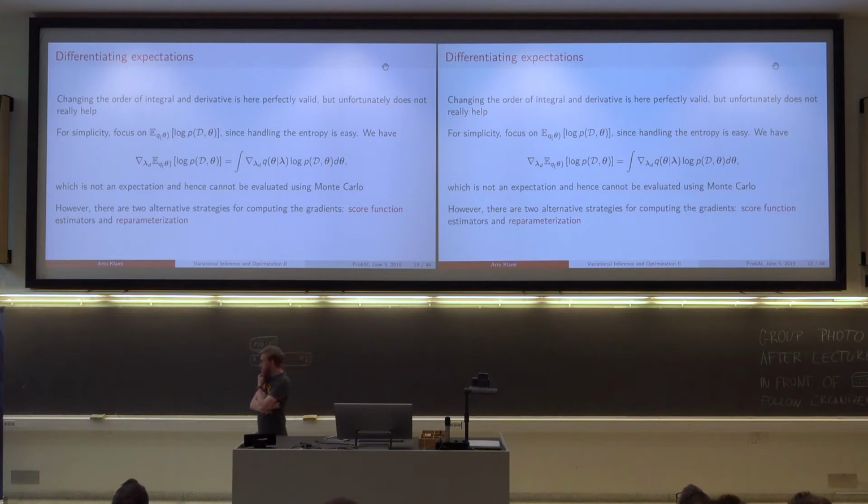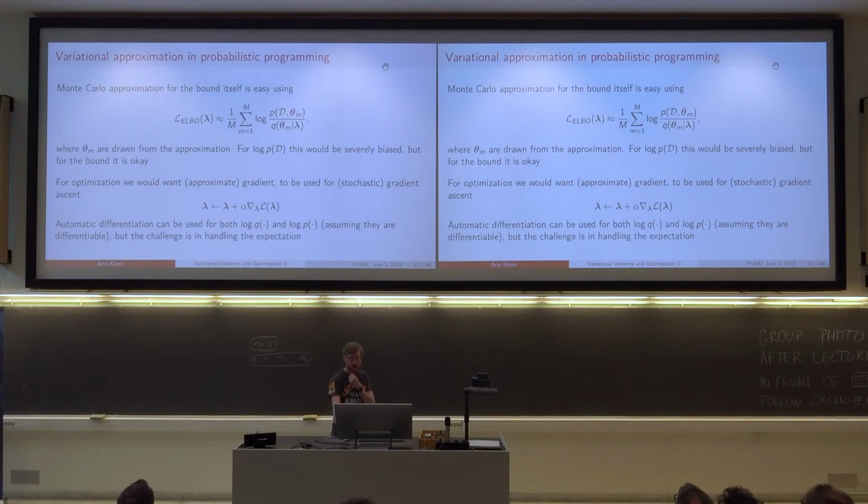Let's start simply trying to do that. For simplicity, I'm dropping this part here, the entropy of a distribution. So Q log Q would be the minus entropy of the distribution that we've chosen. That usually can be handled analytically, so there are no issues with that.